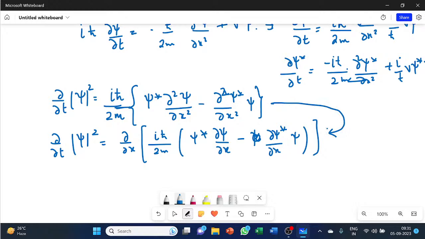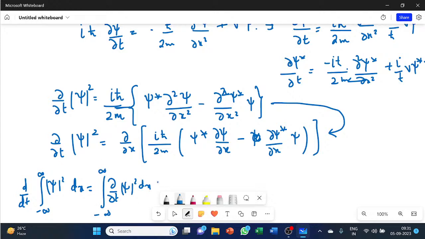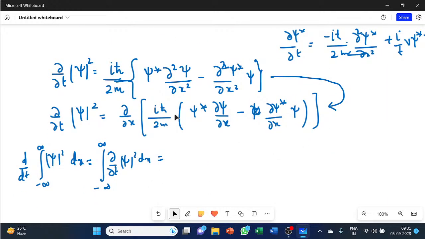Okay. Now, if I take an integral, I know that d by dt of the integration from minus infinity to plus infinity of psi mod whole square dx is equal to the integration from minus infinity to plus infinity of del by del t of psi mod whole square dx, and this is equivalent to this. So if I integrate this with respect to x, what am I left with?